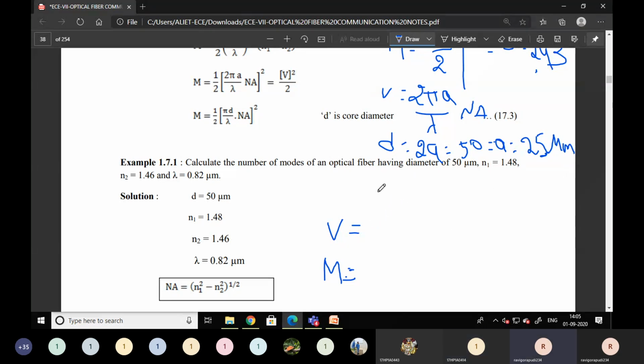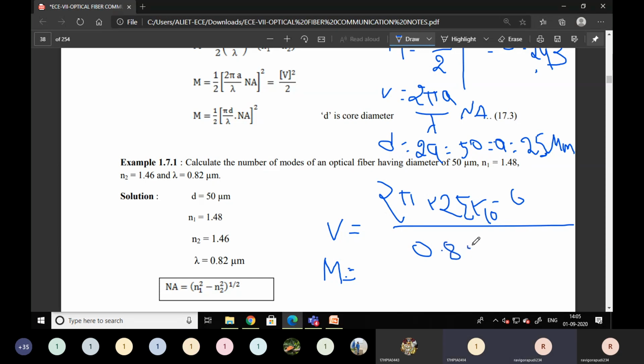Then V is 2 pi into 25 into 10 power minus 6 by 0.82 into 10 power minus 6.